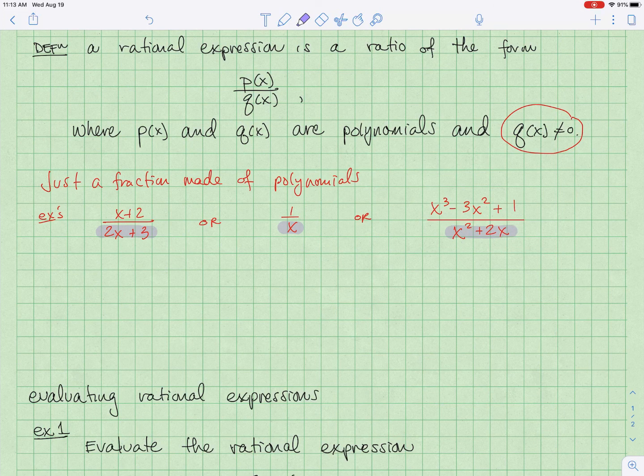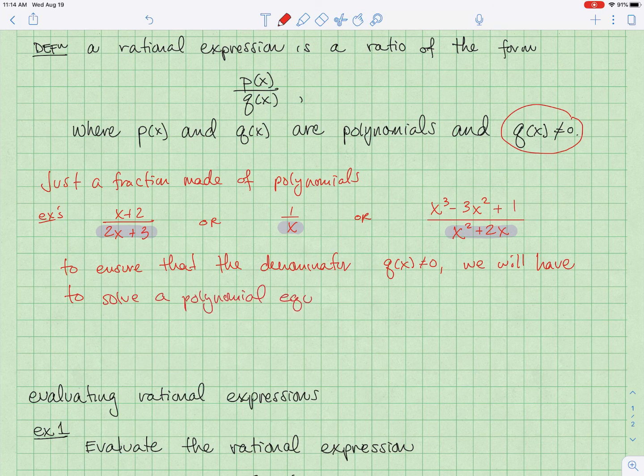And that's going to involve maybe sometimes factoring or setting something equal to 0, but basically, to ensure that the denominator q of x is not 0, we will have to solve a polynomial equation, typically by factoring, which is what we were doing at the end of chapter 6.5, that polynomial review that we went over.